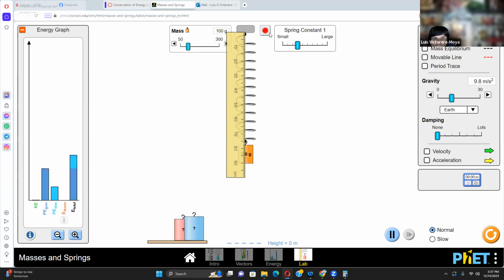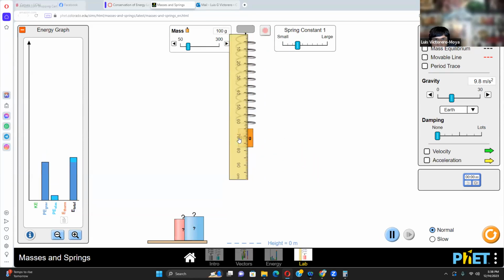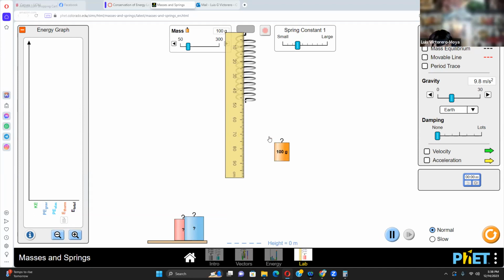And then again, now the reading is of 63, right? Natural length was of 48.